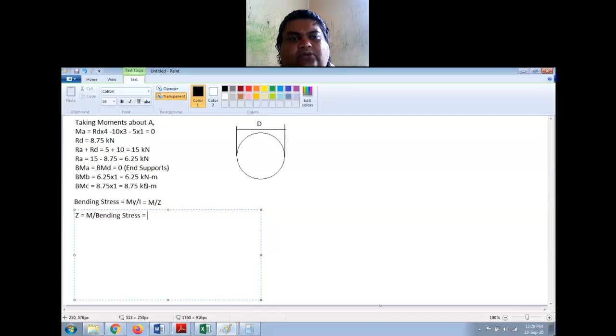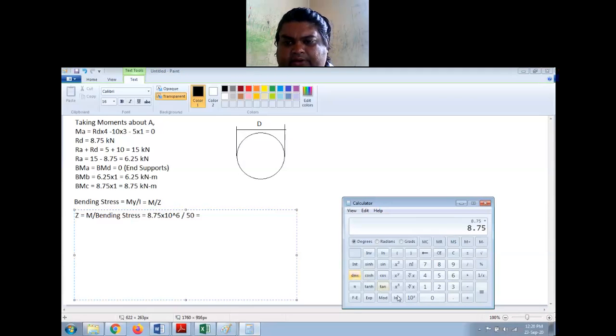There is 1000 here and 1000 here, so it will be 10 raised to 6. So 8.75 into 10 raised to 6 by 50 megapascal. This will give me the section modulus Z.